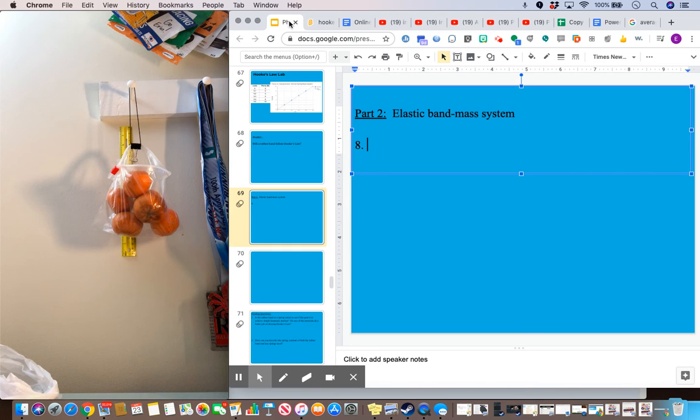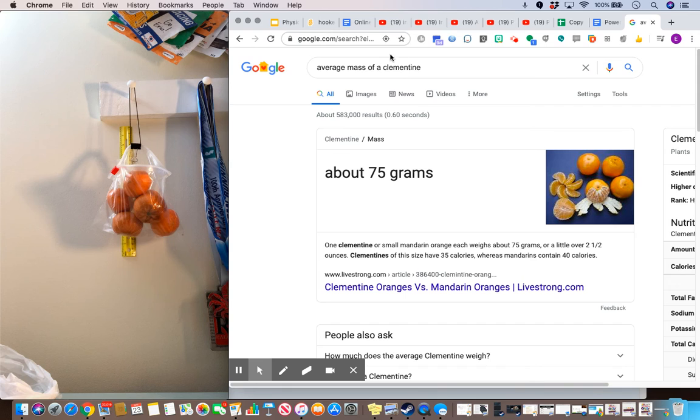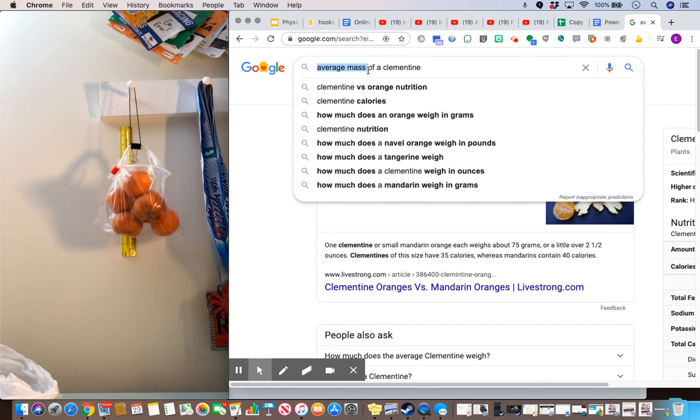Okay, once you collected the data, you're going to need to list mass by item number. So for example, you could put 1 clementine, the stretch distance, 2 clementines, the stretch distance, etc. A more accurate way to do it would be to Google the average mass of the items you use.